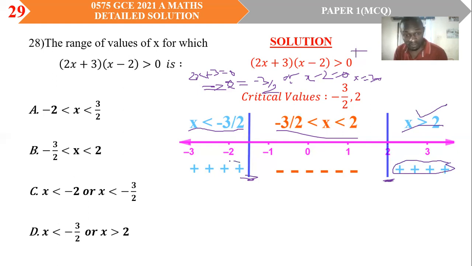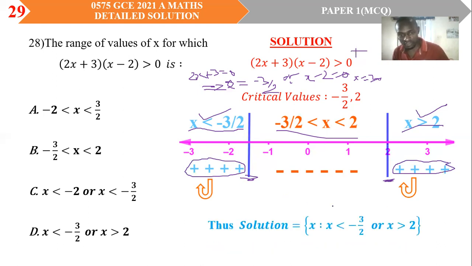We circle this positive product and we tick the range as part of our solution, giving us this ticking. As we've ticked the regions, the true solution is the set of x such that x is less than negative 3 over 2 or x is greater than 2.